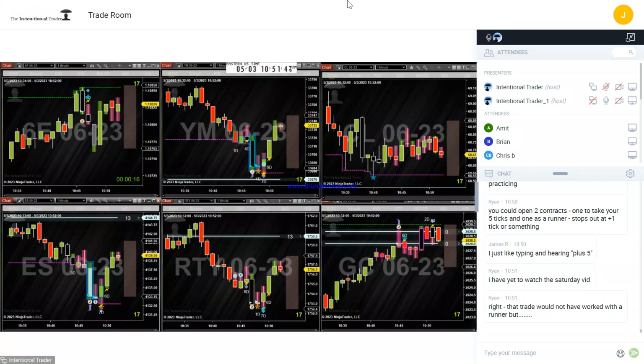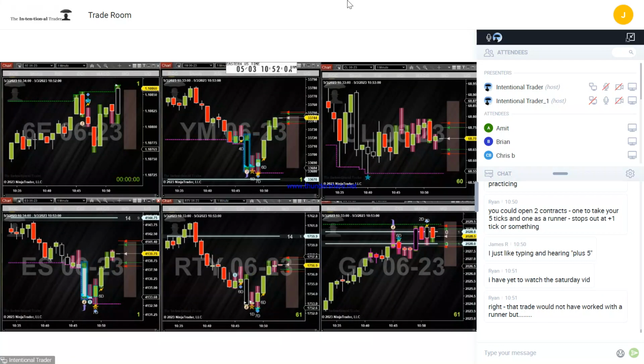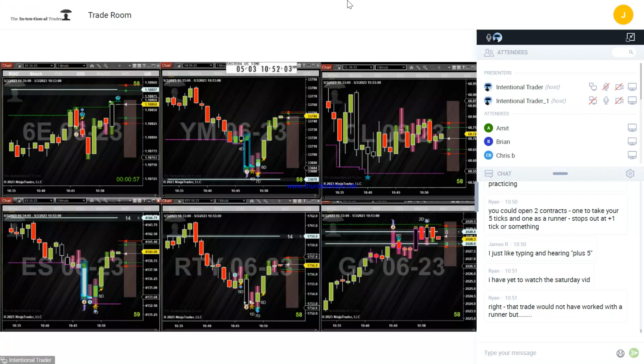If you're putting on runners, that's because you're assuming that price is going to reverse at this point. We have no information to tell us that this is price reversing. It could be. The information we have suggests that price is going to pull back at least a little bit before it continues on with the trend.